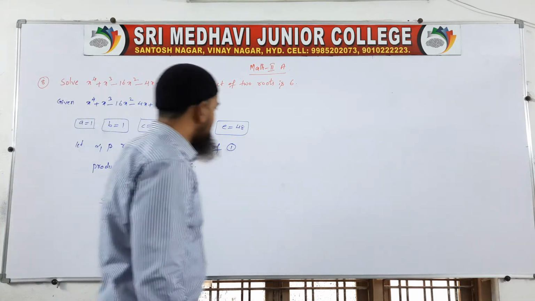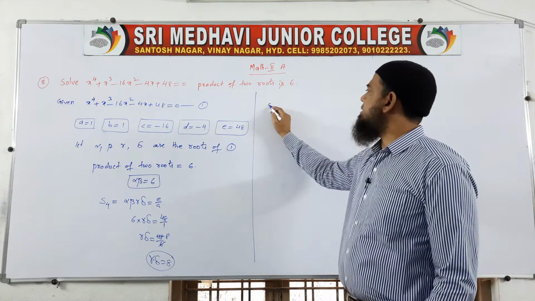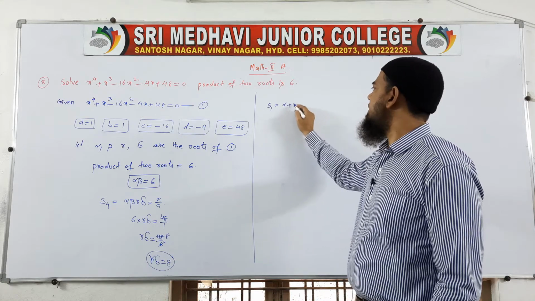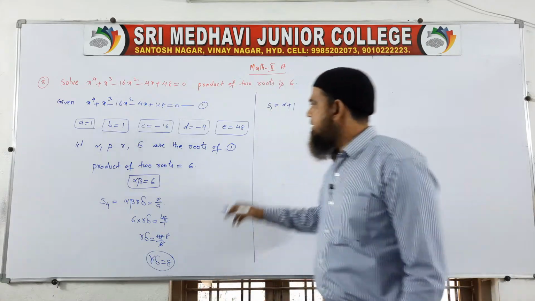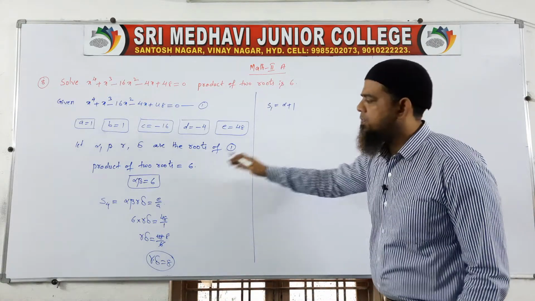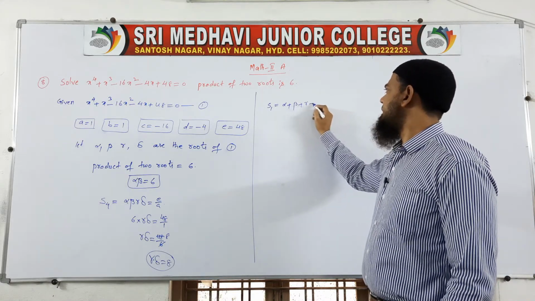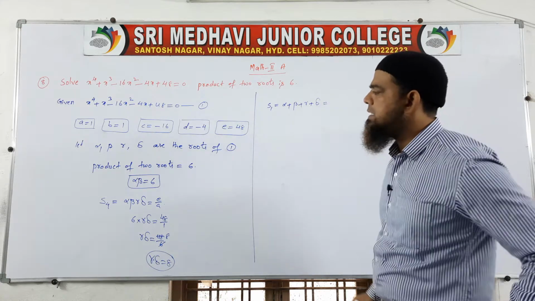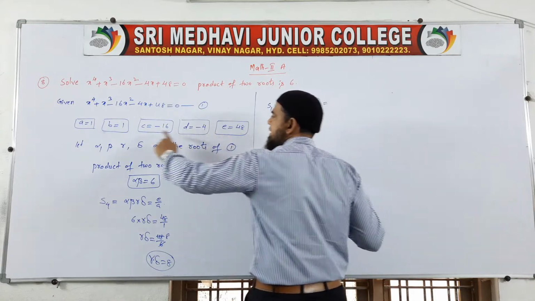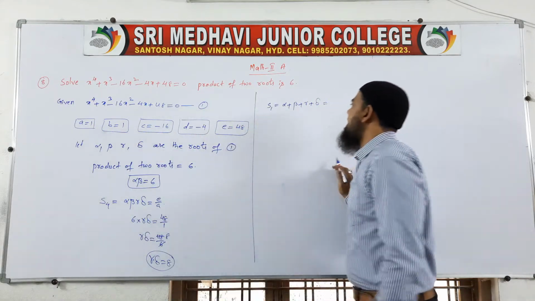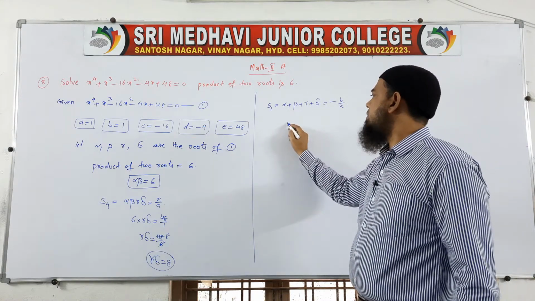Now I am applying S1. S1 means sum of all roots: alpha plus beta plus gamma plus delta. What is S1 from the equation? This is S1, this is S2, this is S3, this is S4. It is minus B by A. So alpha plus beta I don't know. You do one thing.